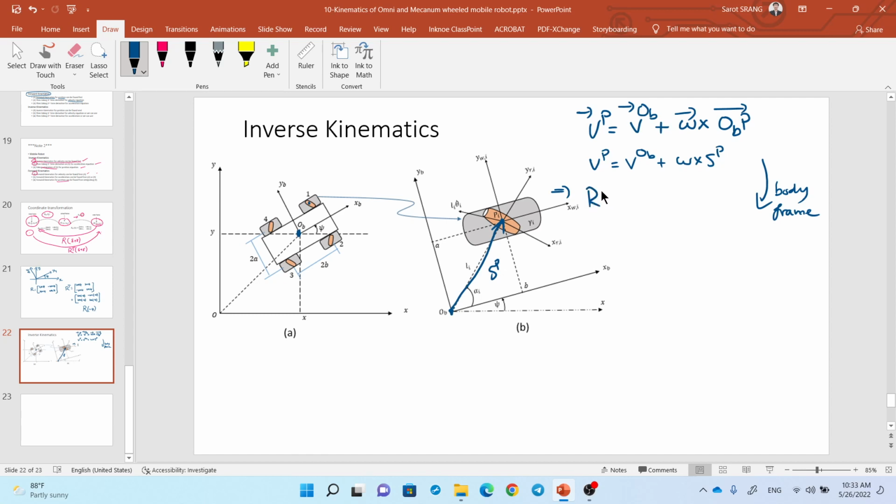Yeah, so I apply rotation symmetry transpose of what angle? Psi, right? Because psi is the angle that represents the body frame rotated from the global frame. So here I think maybe it's not enough to write here.